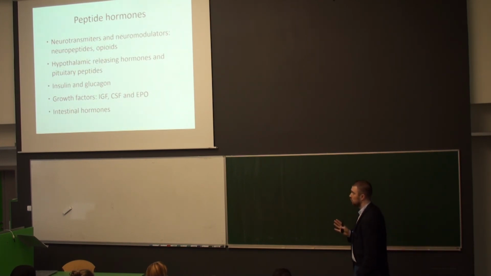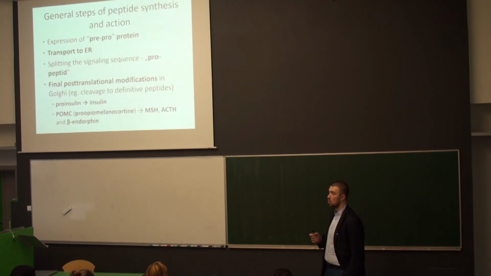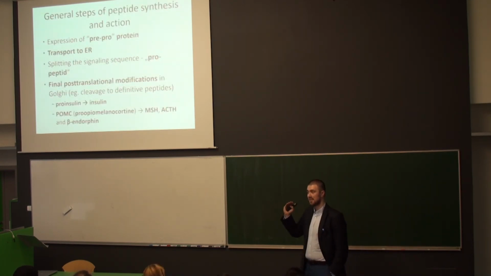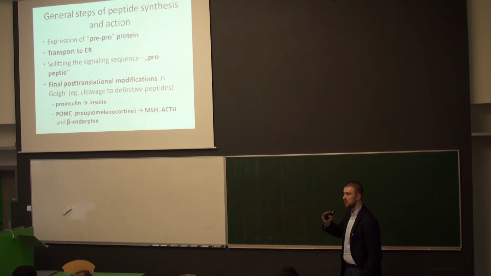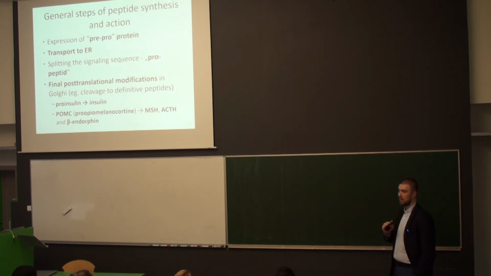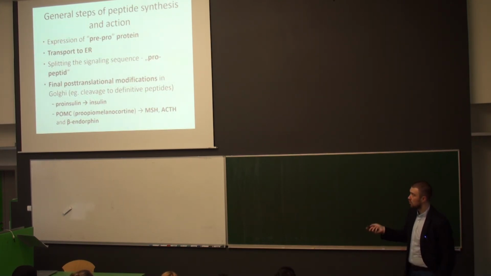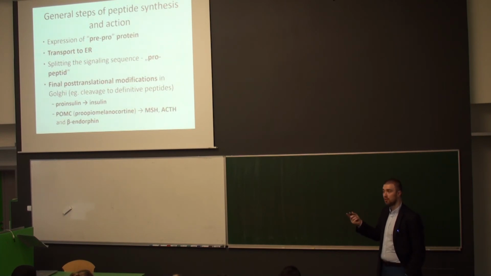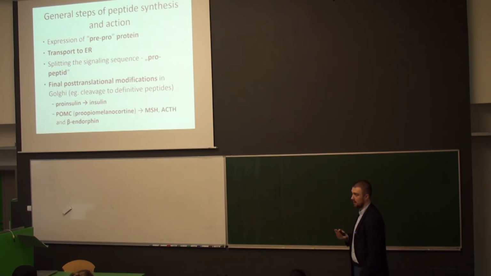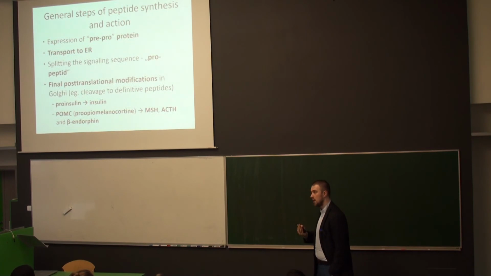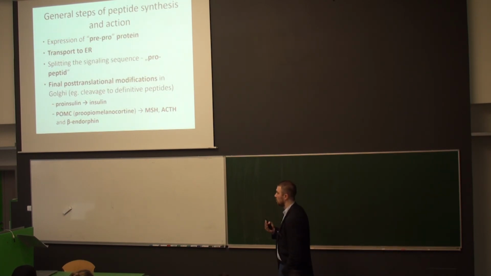What we do expect you to know are the general steps of how to produce the peptide signaling molecules, and here you have two real examples of how it's done. Today we do not expect you to know the number of amino acids of all of them, or the sequence of amino acids.